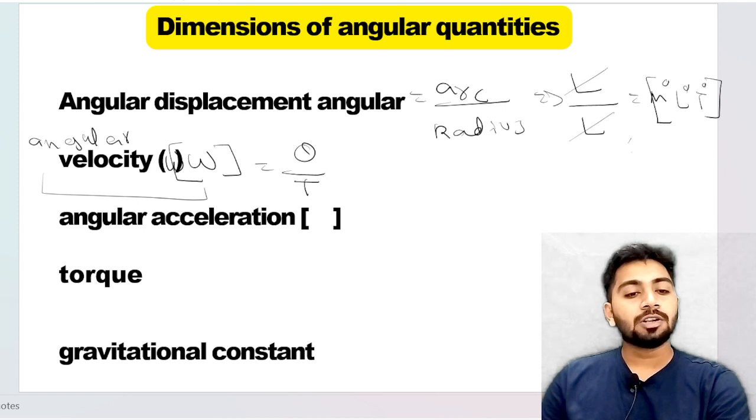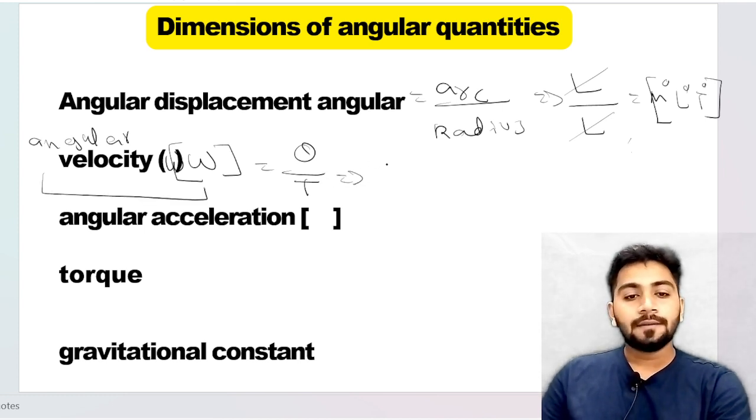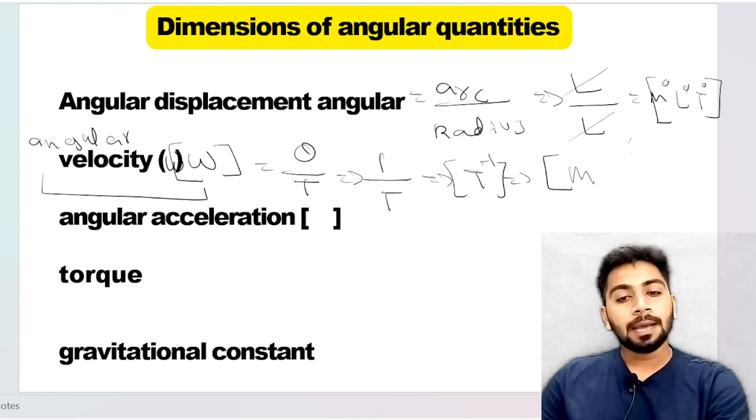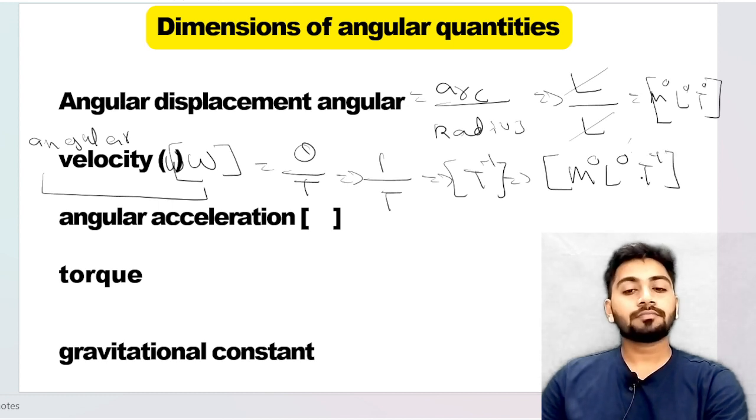Angular velocity is equal to angle by time. Angle has no dimension, which means it is 1 by only T. So you can write it as T inverse, or you can even write it as M0 L0 T inverse.